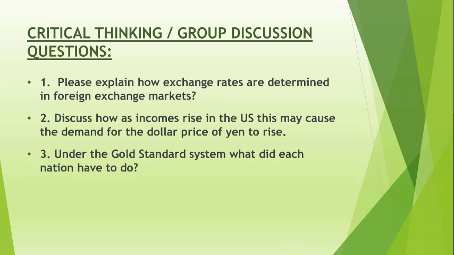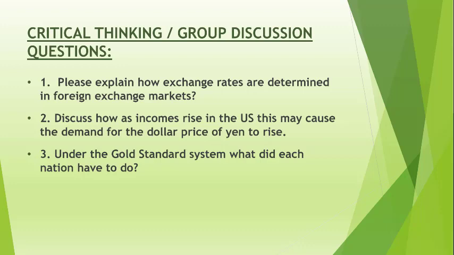Under the gold standard system, what did each nation have to do? Basically, they had to have enough gold on hand to be able to convert whatever money they issued into gold, because everything had to be ultimately backed by gold.